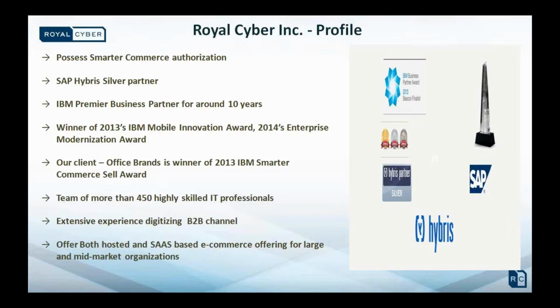We have around 500 highly skilled IT professionals, with extensive experience digitizing the B2B channel, and we offer both hosted and SaaS-based e-commerce offerings for large and mid-market organizations. The awards and the Silver partner logos are displayed on the right side for your information.